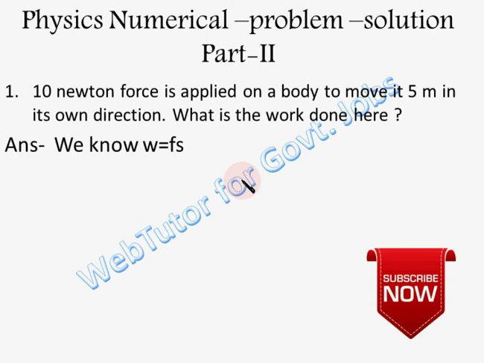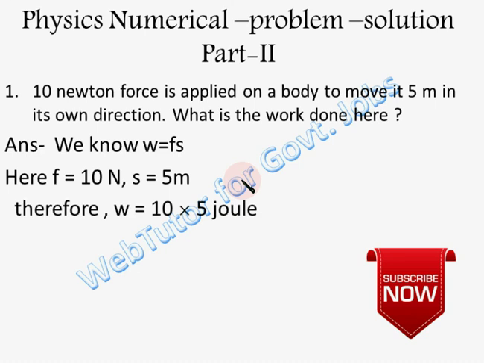We simply put the value in this formula. Here F is equal to 10 Newton and S equal to 5 meter. Remember, both are in SI unit, so our answer should be in SI unit. Therefore, W is equal to 10 into 5 joule, because the SI unit of work done is joule. And what is the CGS unit of work done?